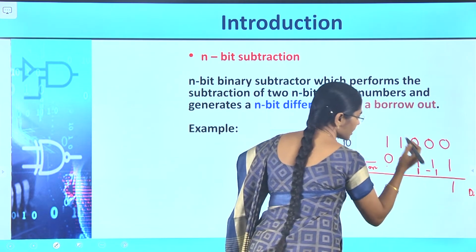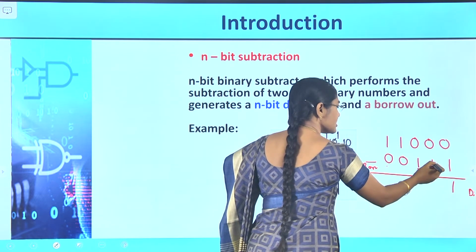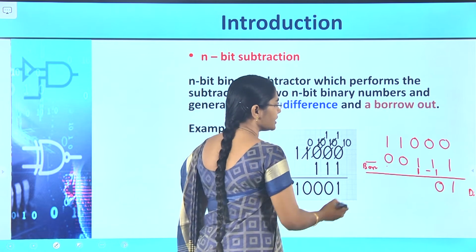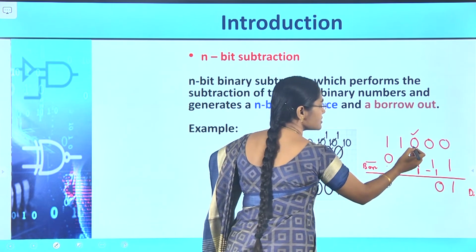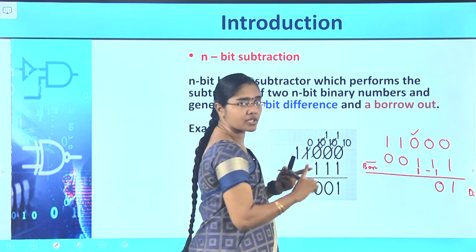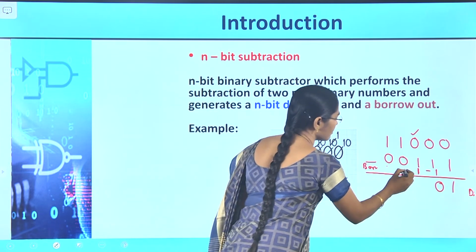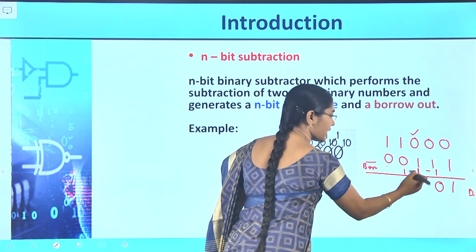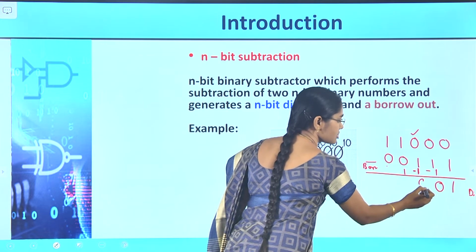So borrow is written here and difference is 1, and 1 minus 1 is equal to 0. In the next case 0 minus 1, again difference 1 and borrow 1, writing borrow here, and the difference 1, and third bit 1 minus 1 is equal to 0.